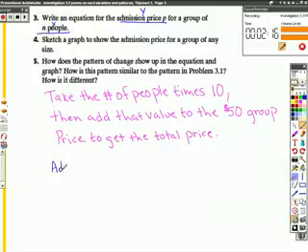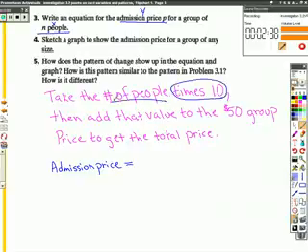So admission price equals, and then we have our variable, whatever the pattern is. It was the number of people times 10, and people was my other variable.